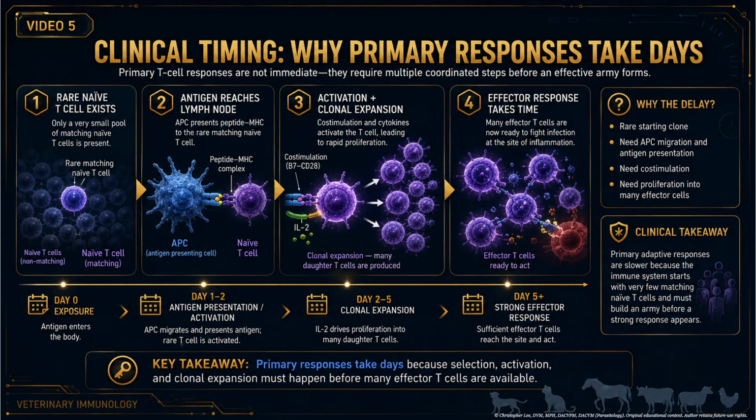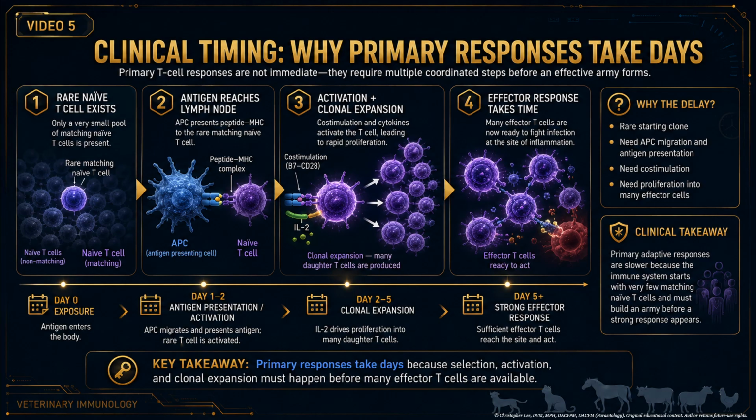This brings us to clinical timing. Primary T-cell responses are not immediate. That delay is not a failure of the immune system. It reflects the steps that must happen before a strong adaptive response appears. First, the rare matching naive T-cell has to exist. Second, antigen has to be captured, processed, and transported to the lymph node.